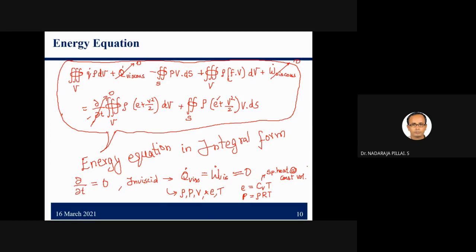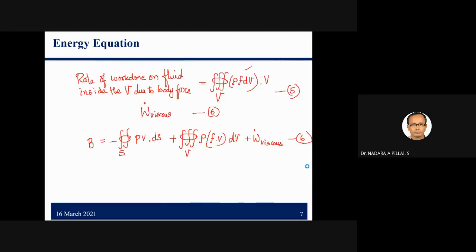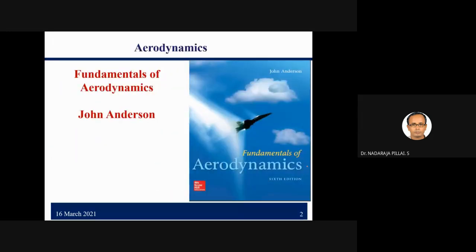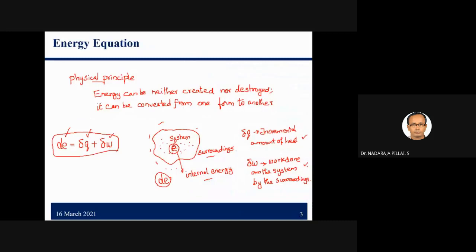So this is the energy equation. We will go through it once again. We start with the physical principle: energy can neither be created nor destroyed, but it can be converted from one form to another.